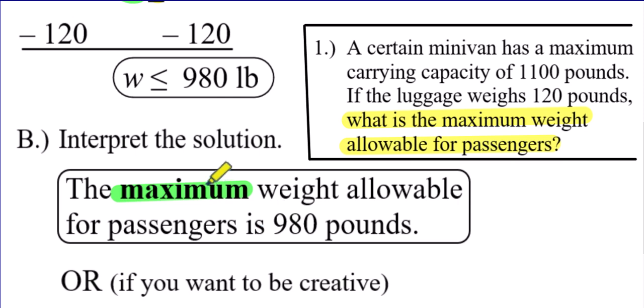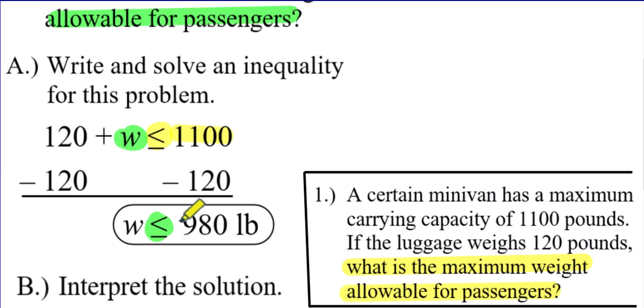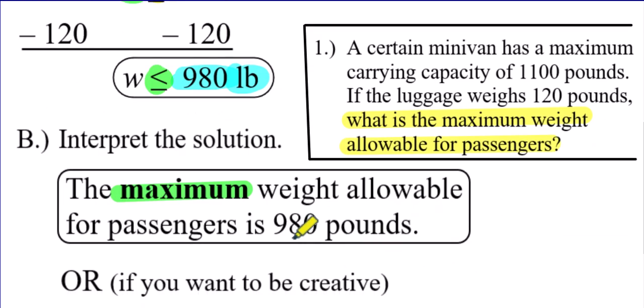We got a word that means the less than or equal to symbol. And what's the other piece of advice? We want to finish the sentence by using the actual number that was in our final answer. Well, we already saw that number was 980 pounds. So I finished my sentence by saying is 980 pounds.